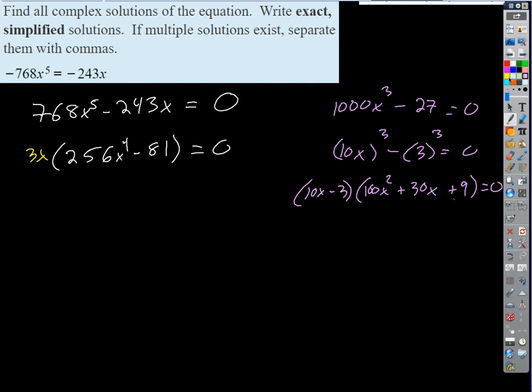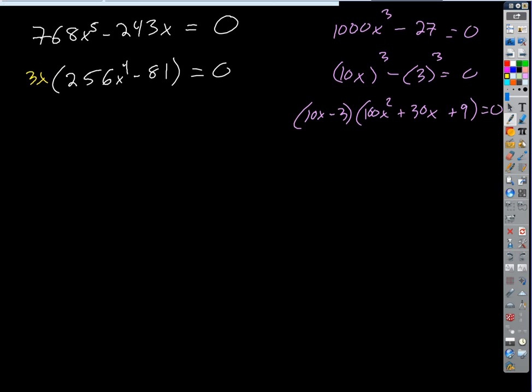If we had something a little trickier than that, though, and let me think about how I'm going to do this here. What if we had 1,000x to the sixth minus 64 equals 0?